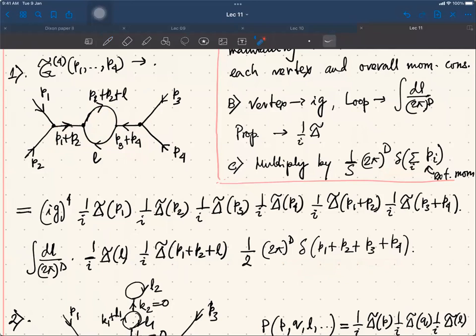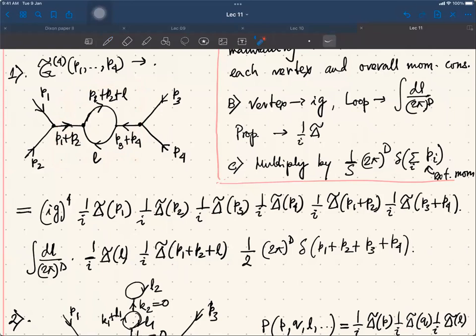So if you impose momentum conservation at each vertex, then for each loop this will happen. And if there are multiple loops, whatever there is inside the entire diagram, this condition will be satisfied on a loop by loop basis.